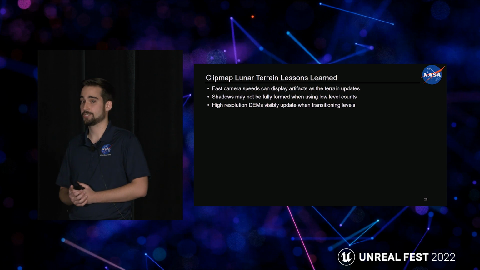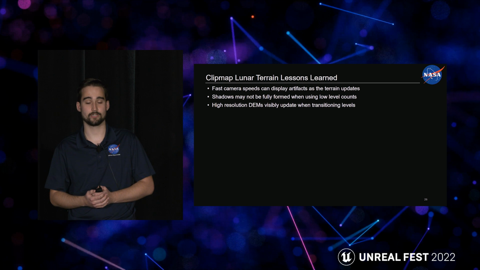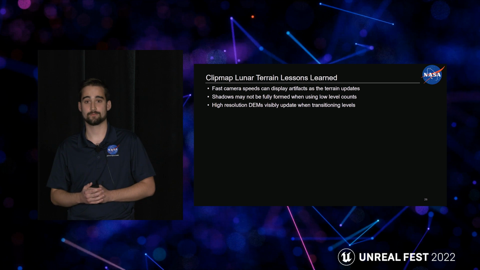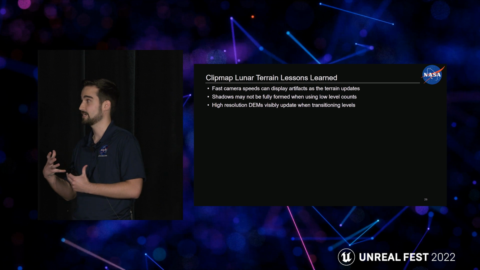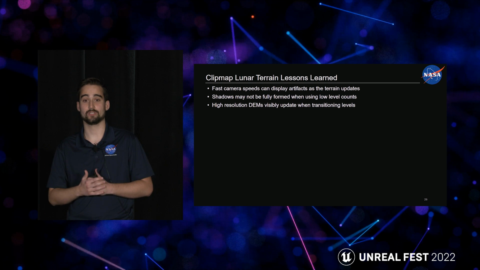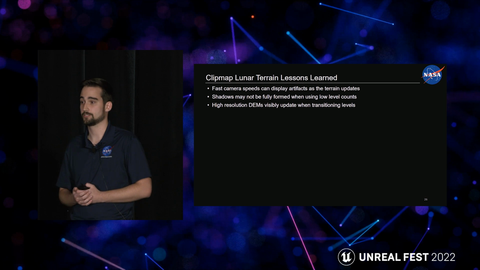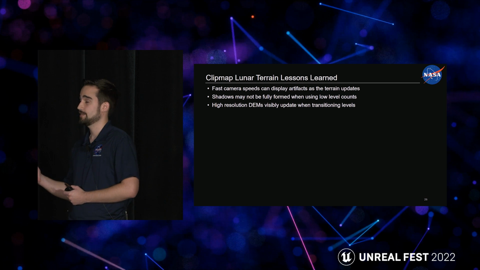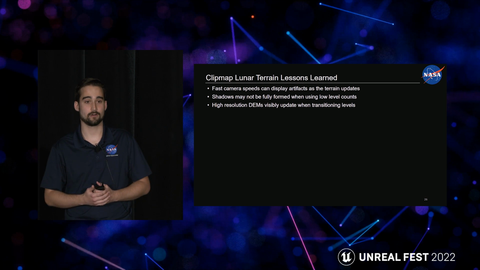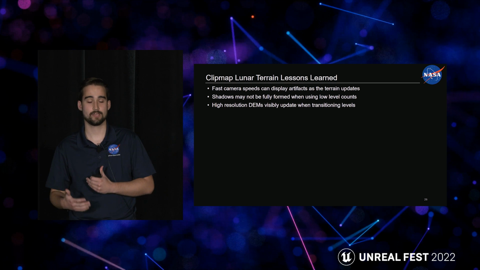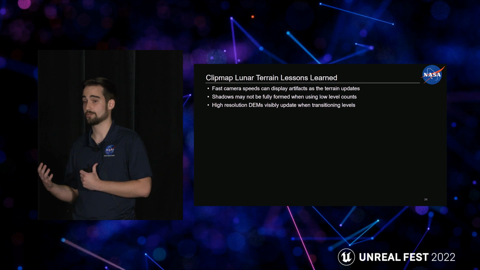There is the potential for some visual artifacts to occur. The first of which is also when you have that fast camera speed along the terrain. Sometimes when the mesh updates, if it's updating really fast, you'll actually see some artifacts in the distance of your terrain. Additionally, if you're on a system that has limited hardware capability, and so you have to use a low level count for your clipmap, you might actually see some partial shadows.